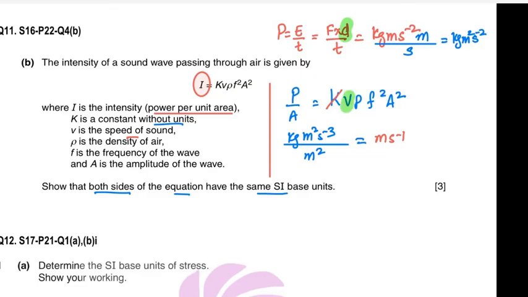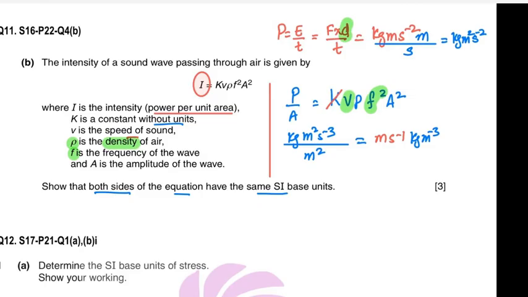What is rho? Rho is density. Density is kg per meter cubed. What is F? F is frequency. And frequency of the wave is what? 1 over time.